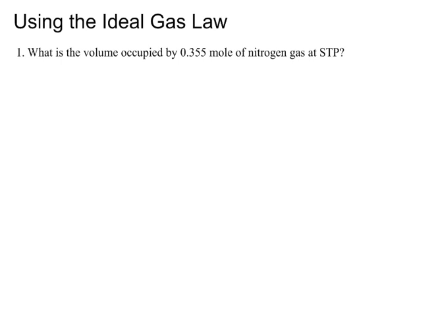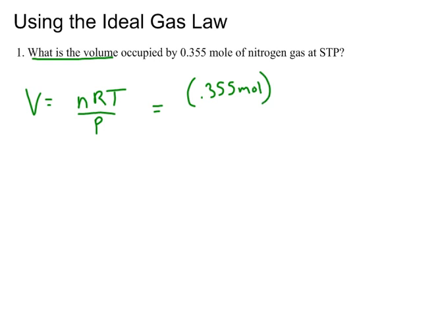So first, knowing that we are solving for volume, because it's asking for the volume, I would start with the equation solved for V, which is nRT over P. And then from there, I would start substituting in my moles, my universal gas constant R, my temperature, and my pressure. Moles are given to us at 0.355 mole. The universal gas constant is 0.0821 atmospheres times liters over moles times Kelvin.